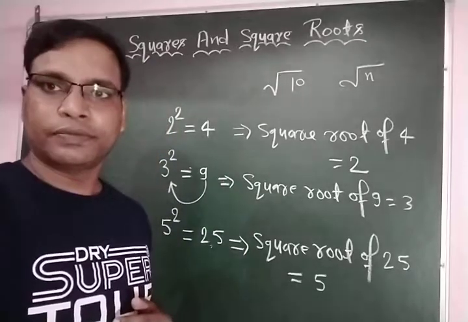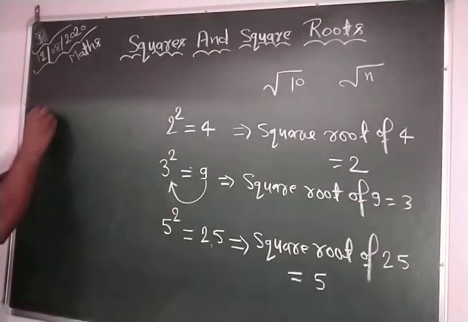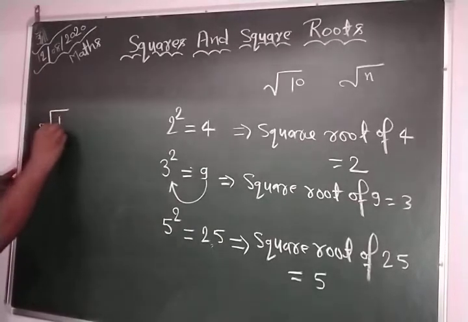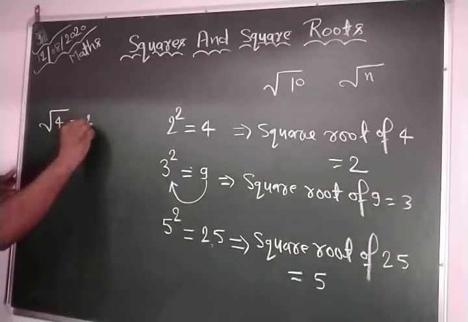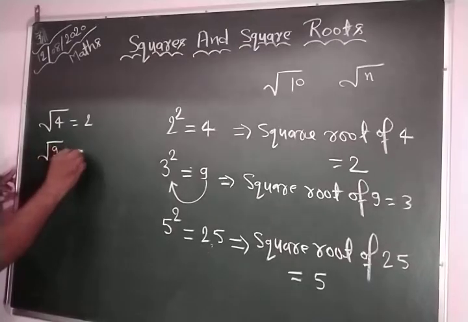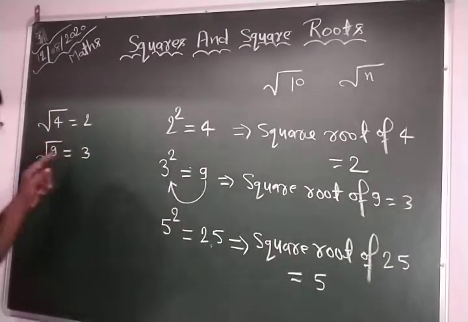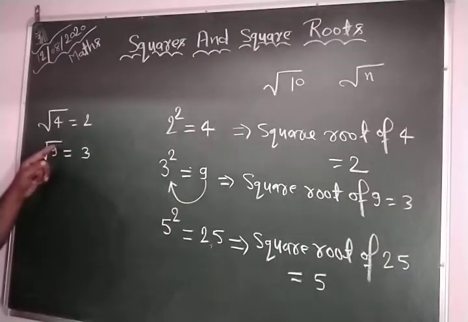Okay, and similarly we can write the square root of 4 is equal to 2. Okay, the square root of 9 is equal to 3, because the square of 3 is 9. You read it as the square root of 9 is equal to 3.